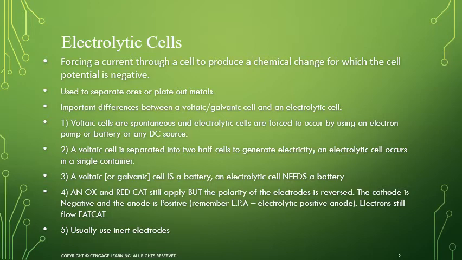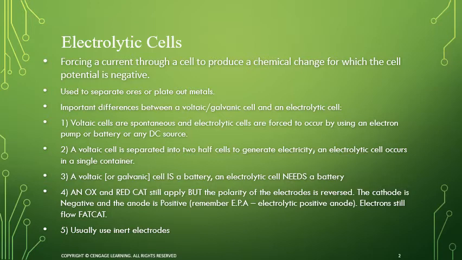An electrolytic cell can occur in a single container. It can occur in multiple containers, but more often than not, it happens in a single container. So from a visual standpoint, with the diagrams for the cells, that's a very easy way to differentiate between the two. A voltaic or galvanic cell is a battery, and an electrolytic cell needs a battery.